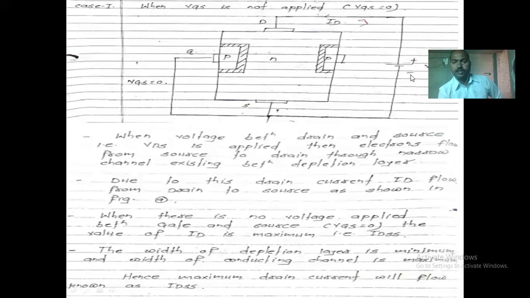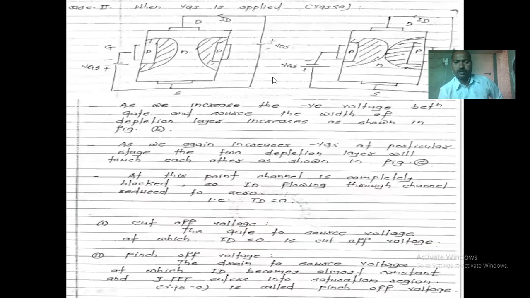Here we apply zero or positive voltage, and internally the outer layers are N with a P layer in the middle. That is the difference.